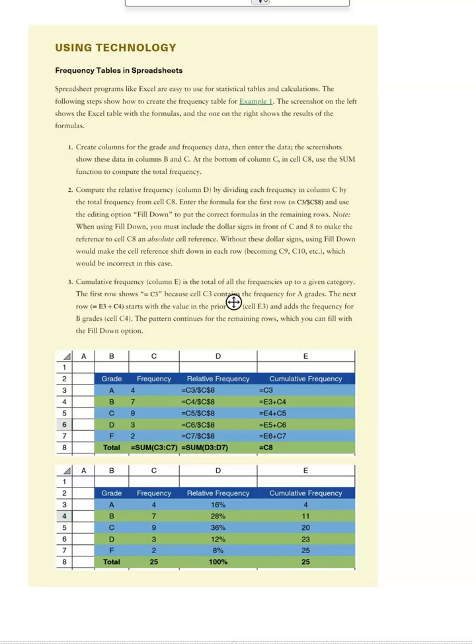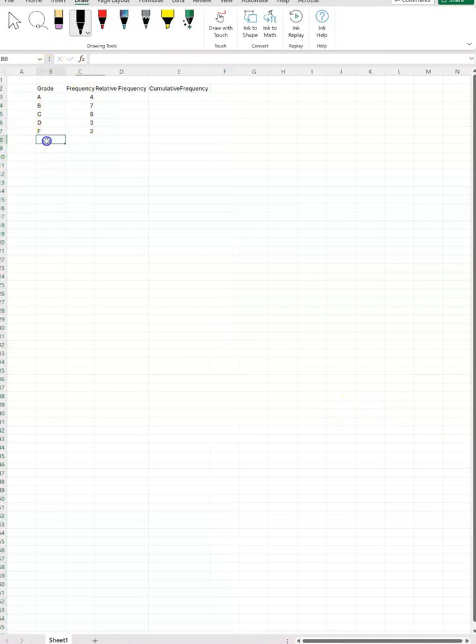So let's go back over to our Excel. What I didn't do is put our sum in. So we need to go down to B8, and this is going to be total.